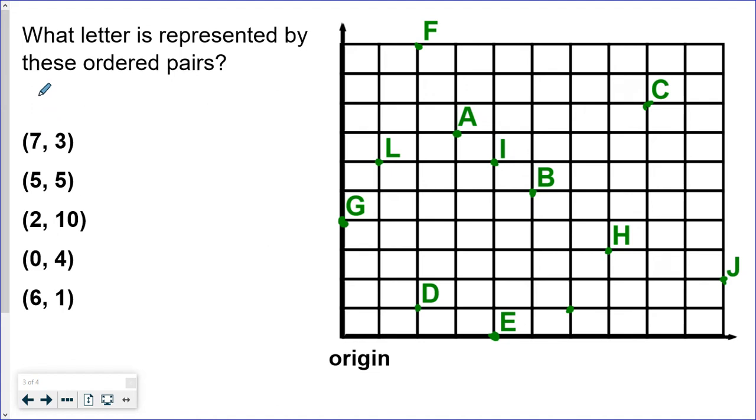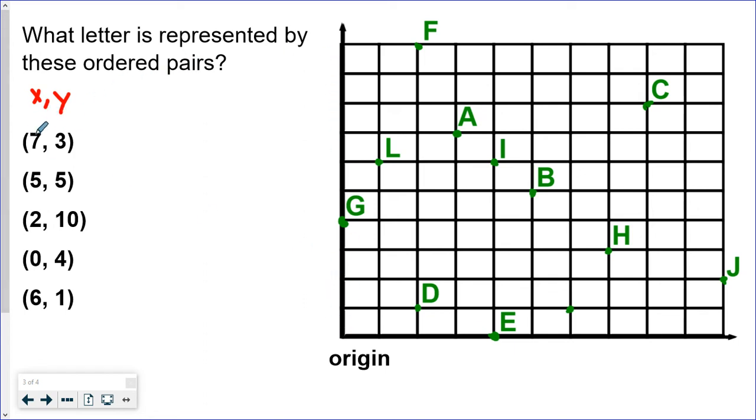And just as a little reminder, I'm going to put a little x first, and then a comma, and then a y here, as a visual reminder that the x numbers need to come first. So all of these are my x numbers, and then all of these are my y numbers. Okay, and remember, x ones are going to go sideways. The y ones are going to go up.